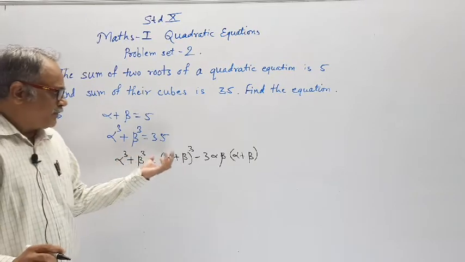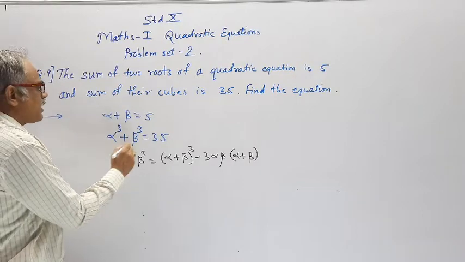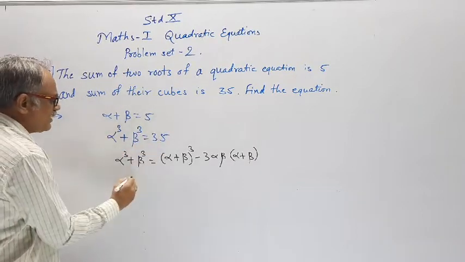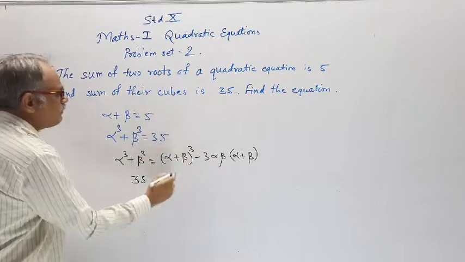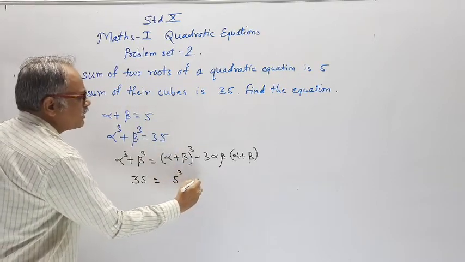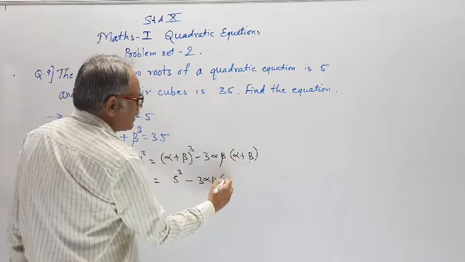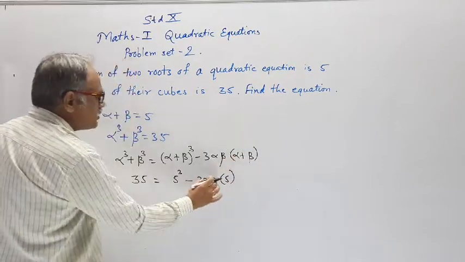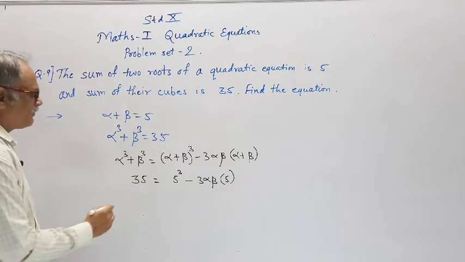Now we have to substitute. Left hand side is known, 35. Alpha plus beta is known, 5 cube, minus 3 alpha beta into alpha plus beta, which is 5. Only alpha beta is unknown, and that is what we require to get the answer.